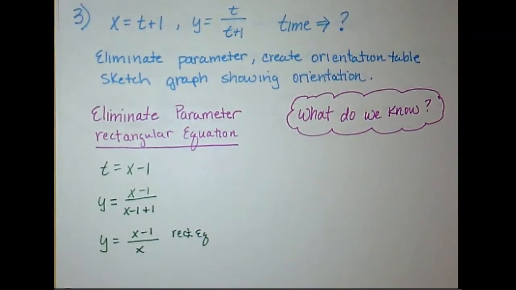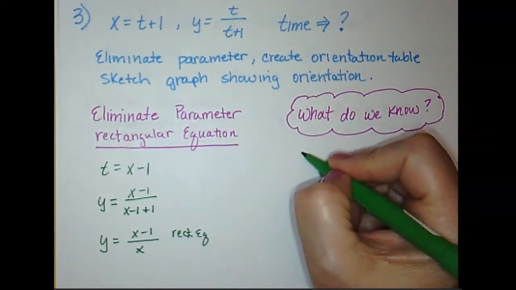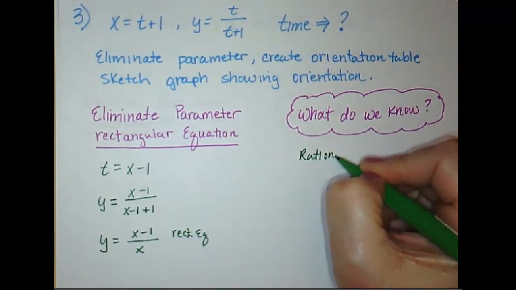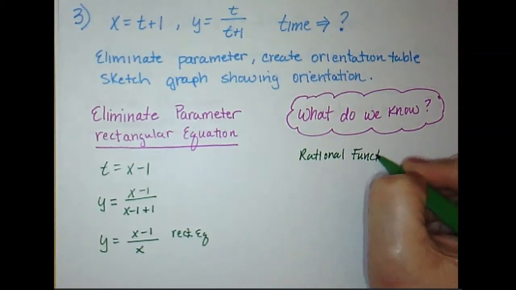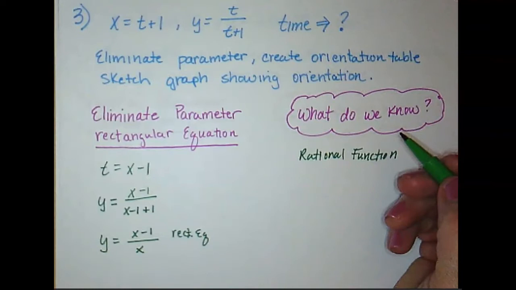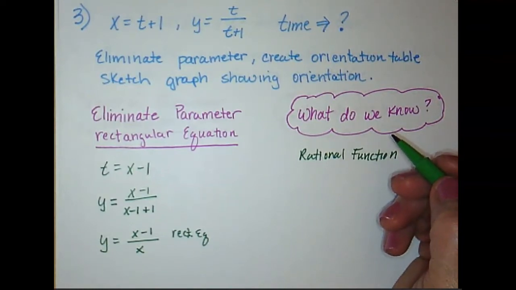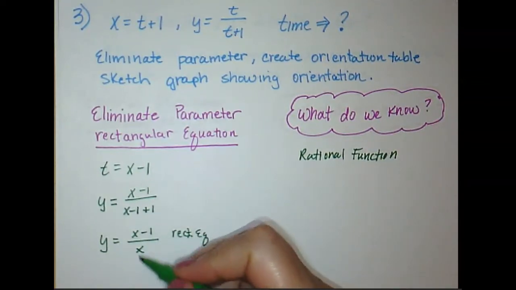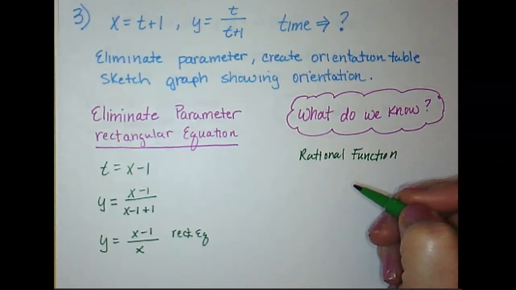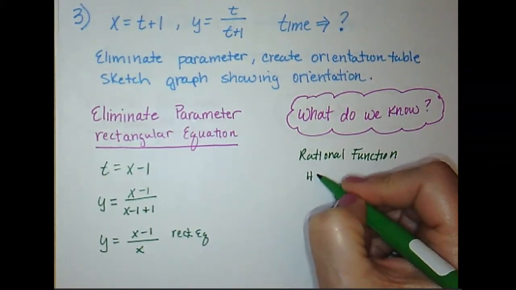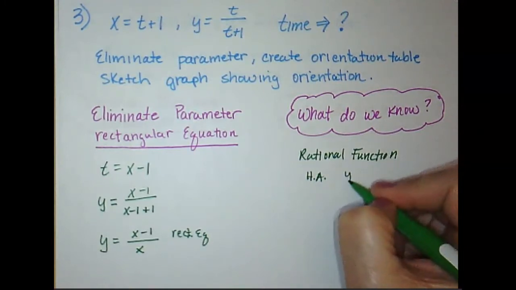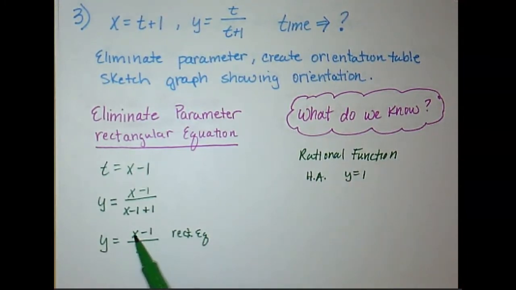All right, so we eliminated the parameter. Looking at this equation, what do we know? We know it's a rational function. From our study of rational functions, it has nothing that cancels because I can't cancel these x's, so there's no holes. I know that my horizontal asymptote is at y equals 1 because the degree on top is 1 and the degree on bottom is 1, so the asymptote is at their ratio, which would be 1 over 1.